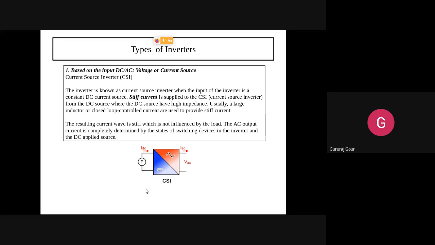So here you can see we are using current with stiff current rating, means again negligible, high impedance, because for the voltage source we need low impedance, but for the current source we need high impedance.